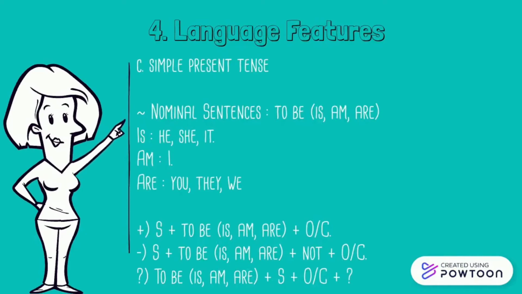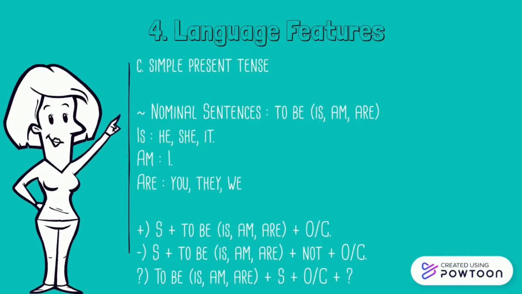And the last step is add the object or complement. And for the negative, you must put the subject first, and then to be, is, or am, or are. Then you must add not, and the last one, please add the object or complement.